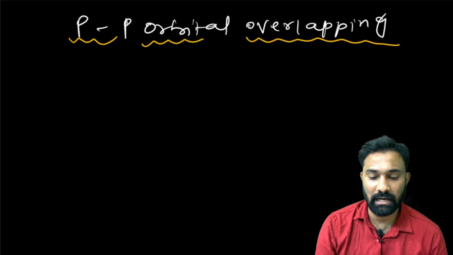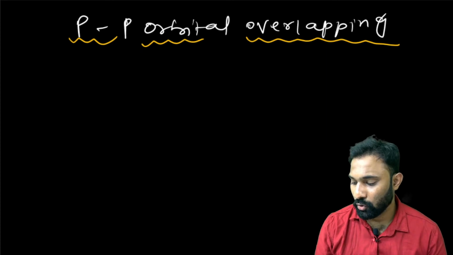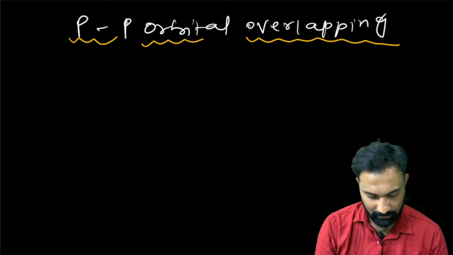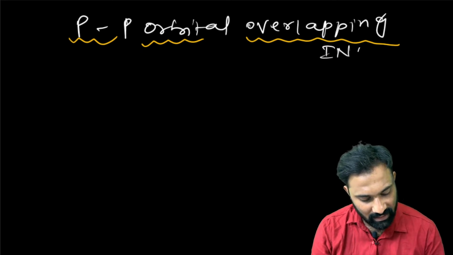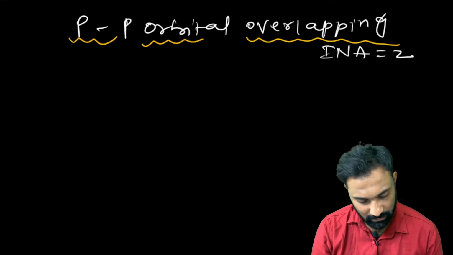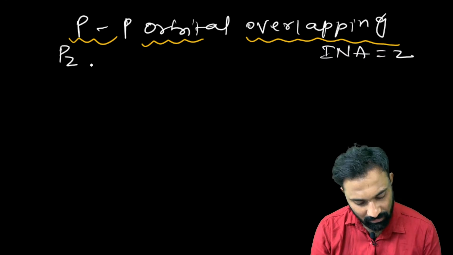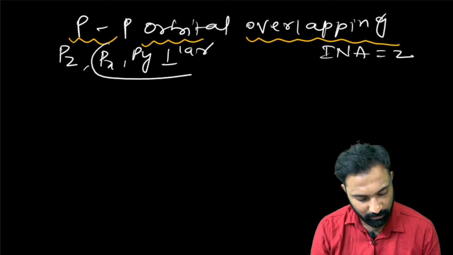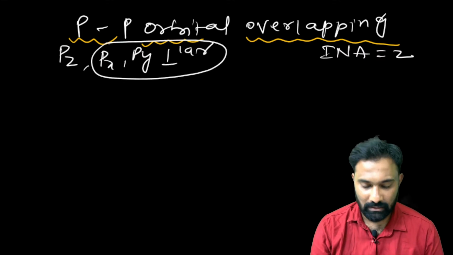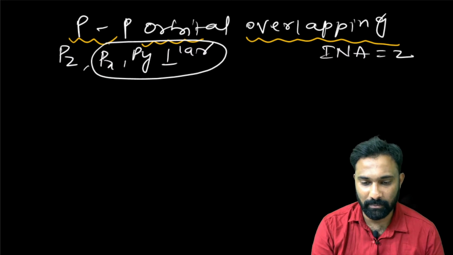Now we'll see how the p orbitals overlap. Here, the internuclear axis I was taking as z. For the pz orbital, the px and py orbitals are perpendicular. px and py are perpendicular.